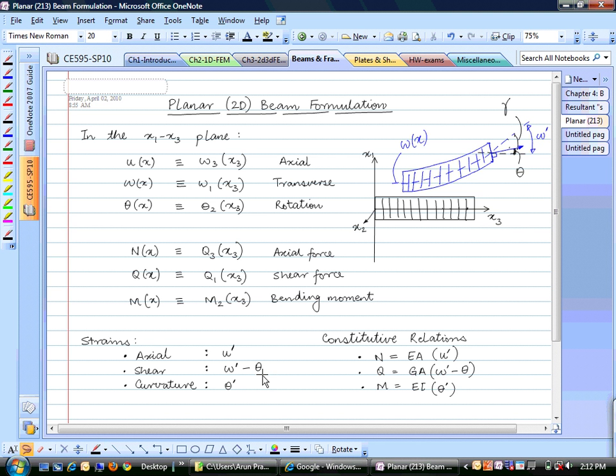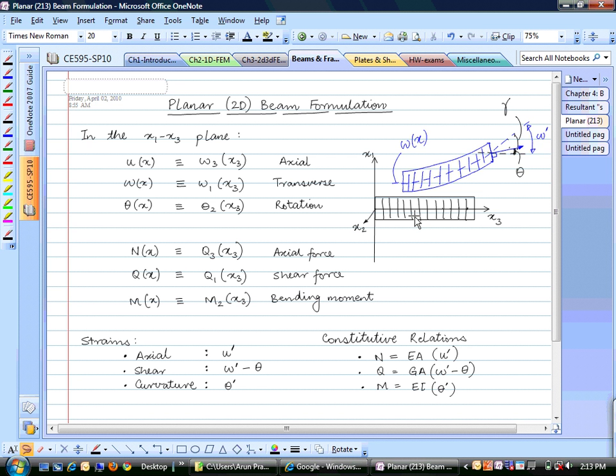And those are pretty much it, and there is also the curvature. What is the curvature? It measures how much the rotation is changing as you go along the length. So there are all these different cross sections along the length of the beam. Some cross section at x displaces like this.